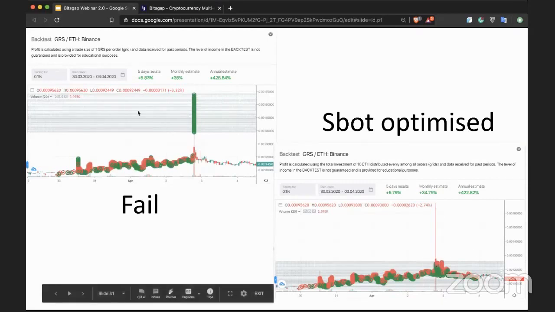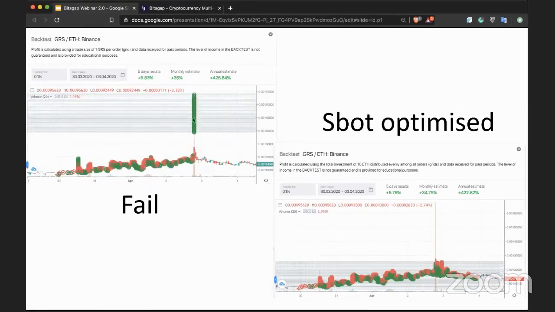If the bot wouldn't be optimized, it would otherwise initiate all of your buy orders at the very top here, and then consequently, as the price drops to the previous level, which looks like by 25% or something like that, this would negatively affect your trading, because when you buy something at the very high price and then the price drops, you are having significant losses in this case.